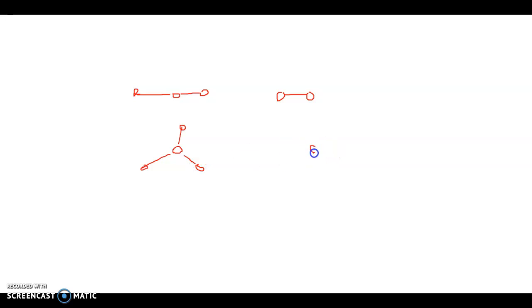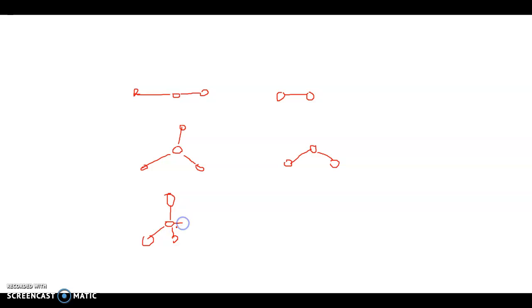And then you have the bent shape. And then another is the tetrahedral shape. We talked a little bit about that already. And this would be in 3 dimensions, right?